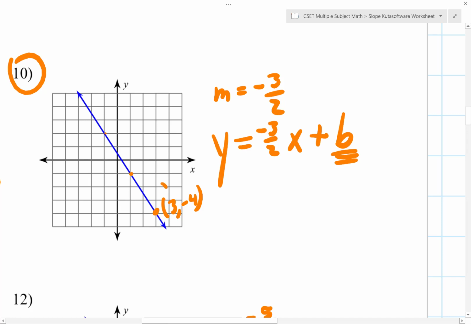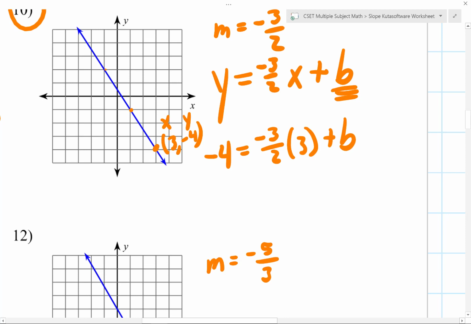So this is the x value, this is the y value. So the y is negative 4, and that should equal negative 3/2 times 3 plus b. So now we just solve this. So negative 4 should equal negative 9/2 plus b.